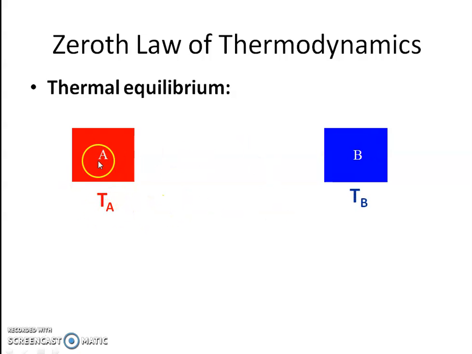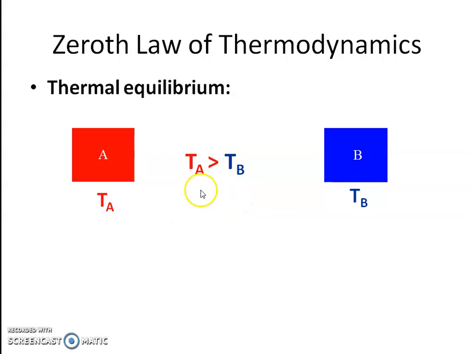TA is the temperature of system A, and TB is the temperature of system B, and both are closed systems. You know, in a closed system there is an exchange of energy between system and surroundings, but not of matter. So these are the two closed systems, and TA and TB are the two respective temperatures.